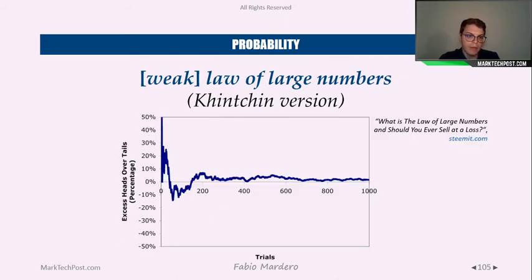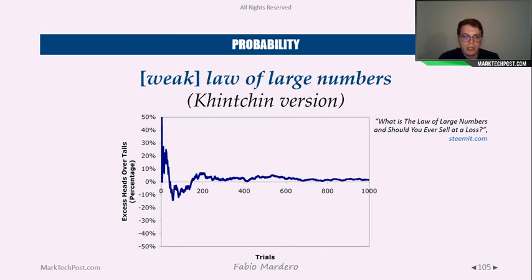And here we have, for example, when we flip a coin, we measure the excess of heads over tails in percentage. As you can see here, in the first 200 coin flips, we get an important difference from what we expect.